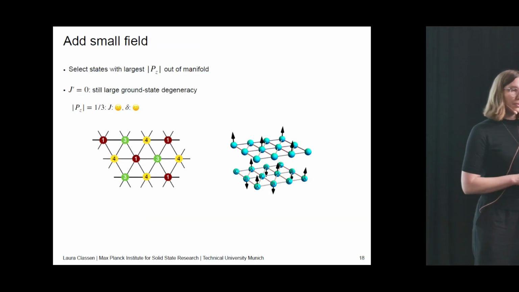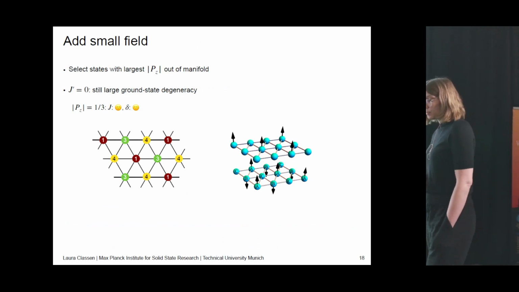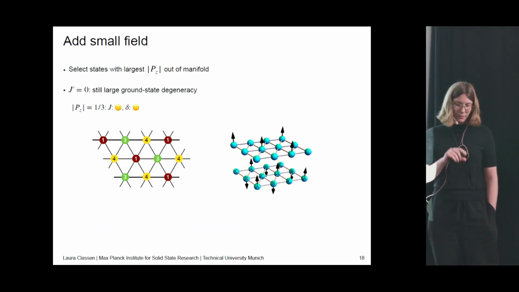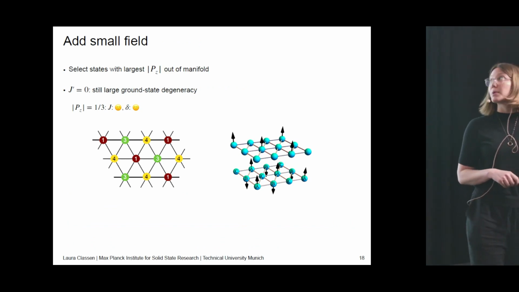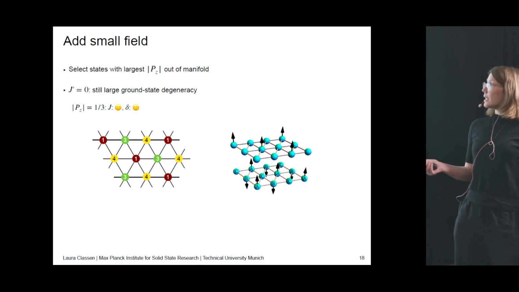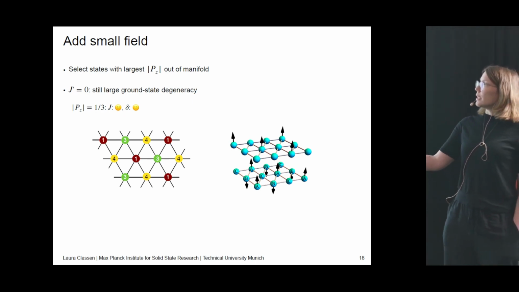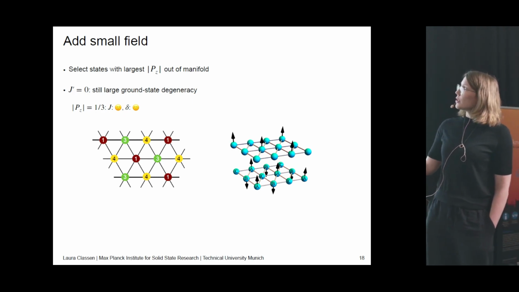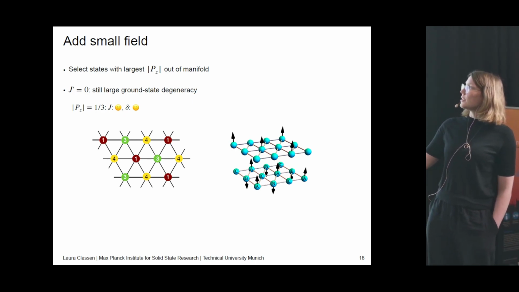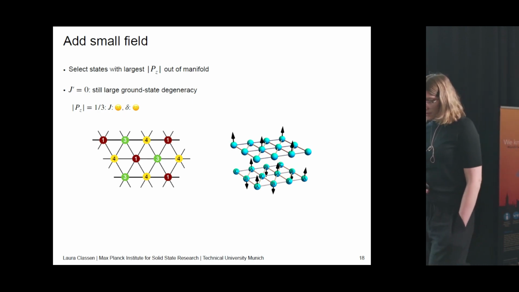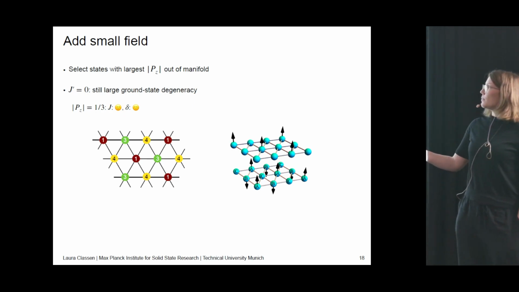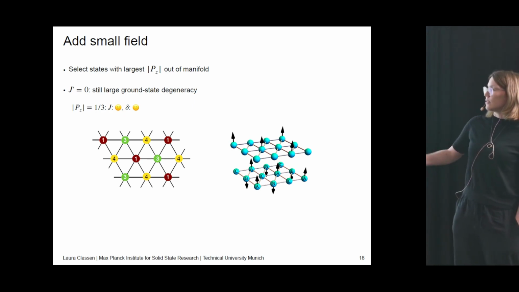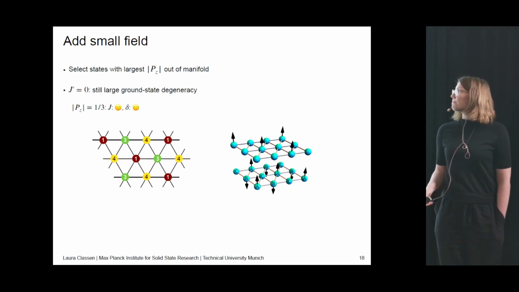Now as a next step, let's add the polarization field. And let's start with just a small field, again J prime equal to 0. In that case, I immediately want to form such a tripartite configuration, because it will satisfy both the antiferromagnetic requirement and it will lead to the largest polarization, satisfying the field term.